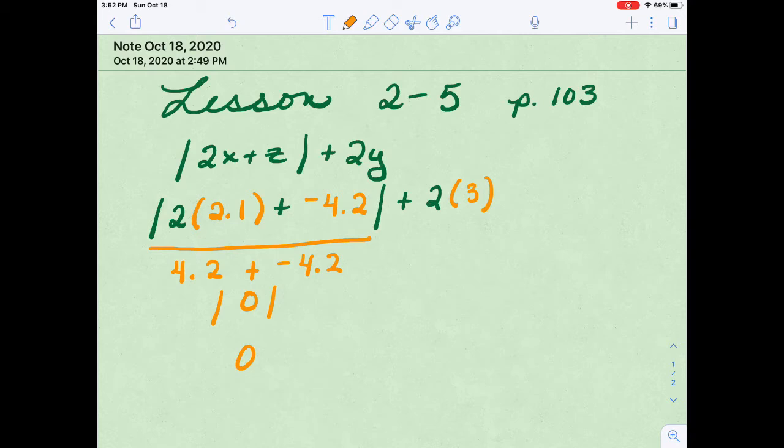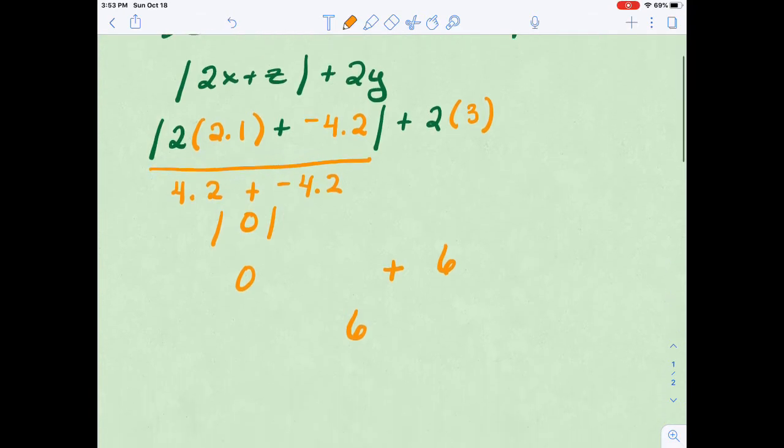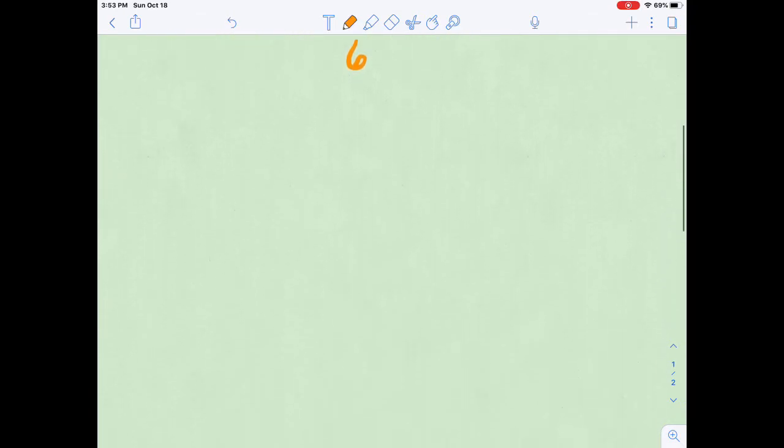Okay, plus here 2 times 3, which is 6. And then we can add 0 plus 6 is 6. So in those problems, you're just plugging in numbers, practicing your order of operations. If you get them wrong there, that's probably what's happening. Watch out for positives and negatives, and let me know if you have any problems with that.